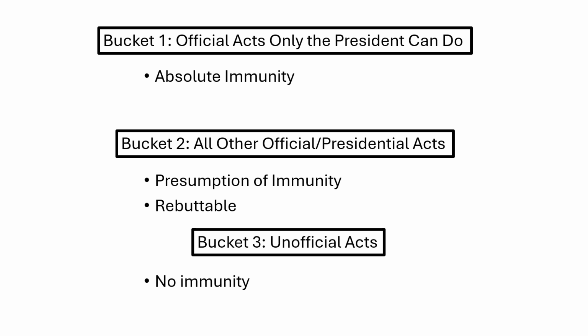So the presumption of immunity basically says we presume the president can't be prosecuted for doing this, but you can convince us. Just give us a good reason. We're not going to let you just waltz into court and say we get to prosecute this. You have to convince us that this should be open to prosecution.